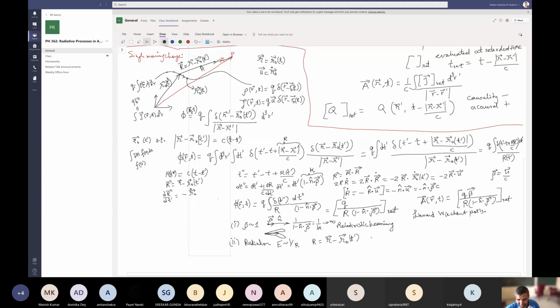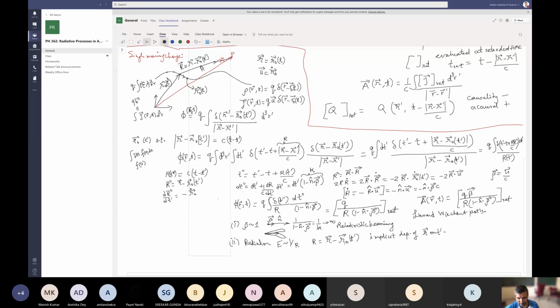That puts an implicit dependence of r on t prime, and that's what gives you radiation.